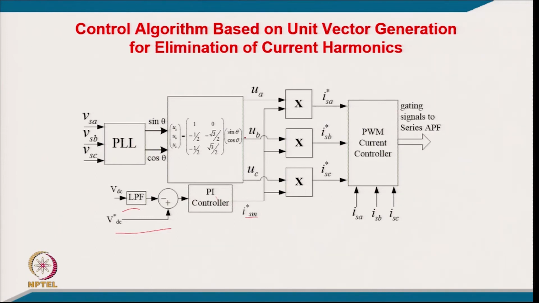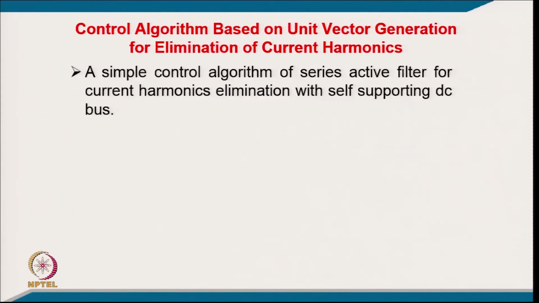Using this, we are able to get a template in phase with the source voltage. We multiply it by the PI controller output, and this we consider the reference current. We take the sensed source current, and we get the signal for the series active filter. This is one of the simplest control algorithms you can think about for a series active filter for eliminating current harmonics in a voltage fed kind of load.